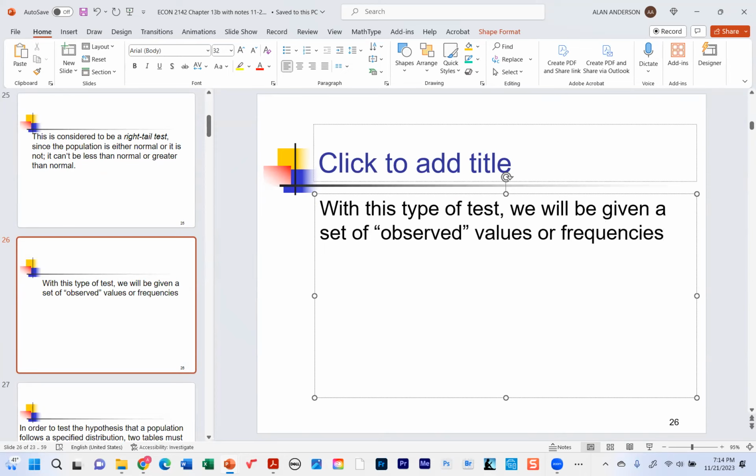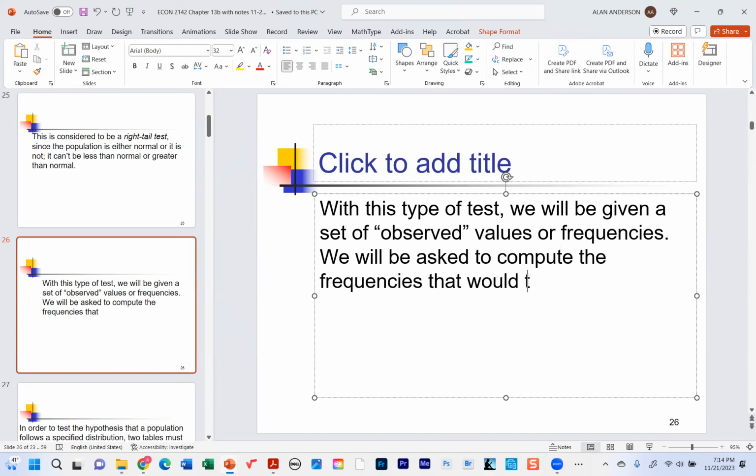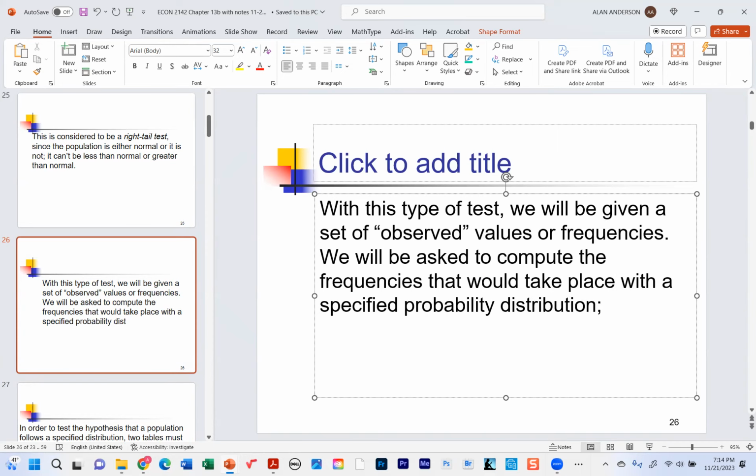We will be asked to compute the frequencies that would take place with a specified probability distribution. These are known as the expected frequencies.